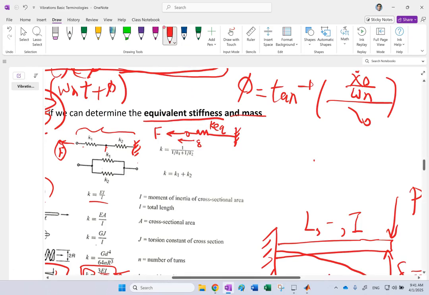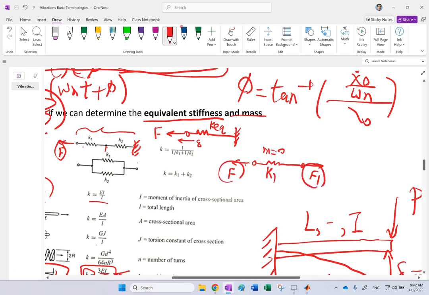So if you look at the free body diagram of this first spring, there is some force F here, and there is some force F1 from the other spring. Now here, we assume again that the mass of the spring is negligible. If that's the case, F should be the same as F1.